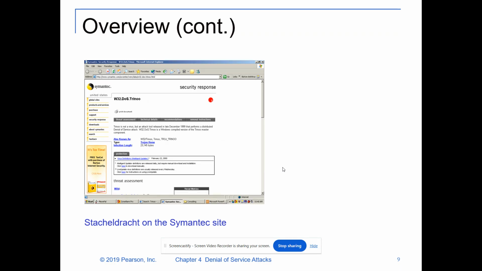We are able to see the virus definitions, technical details, any recommendations that are there, and removal instructions for any type of virus that might be found on our own personal computers and networks.